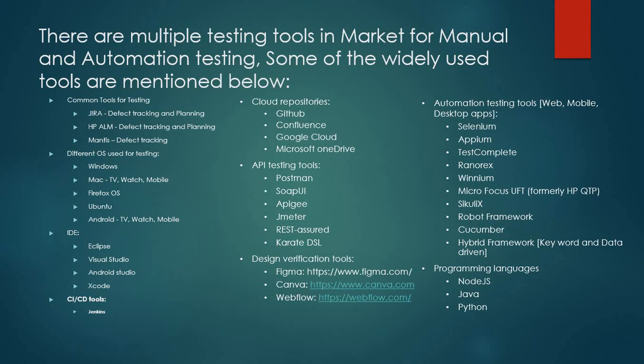A few of the IDEs which we use widely are Eclipse, IntelliJ, Visual Studio, Android Studio, Xcode. All these are IDEs which are used for automation testing, or unit testing, or security testing, or performance testing.